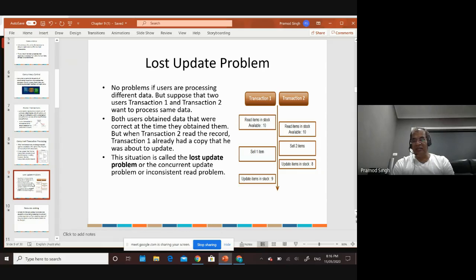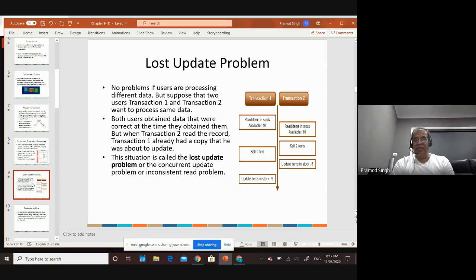So it means it will go back again, it overwrites 9. It means transaction 2's activity is overwritten by transaction 1, and that's how the two items which were sold by transaction 2 are lost. So this way the transaction 2 update is lost, and that's why it's called lost update problem.